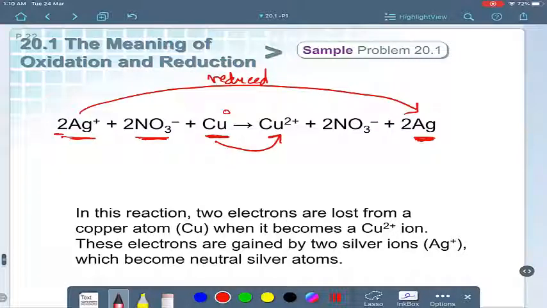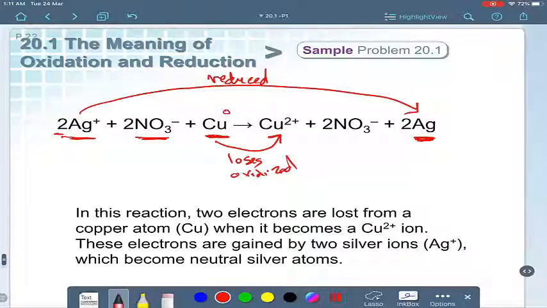So what happens to copper here? It was 0 and changes into +2. It means it loses electrons because it changes into positive. So electrons lost. Simple meaning: electrons lost means oxidized.